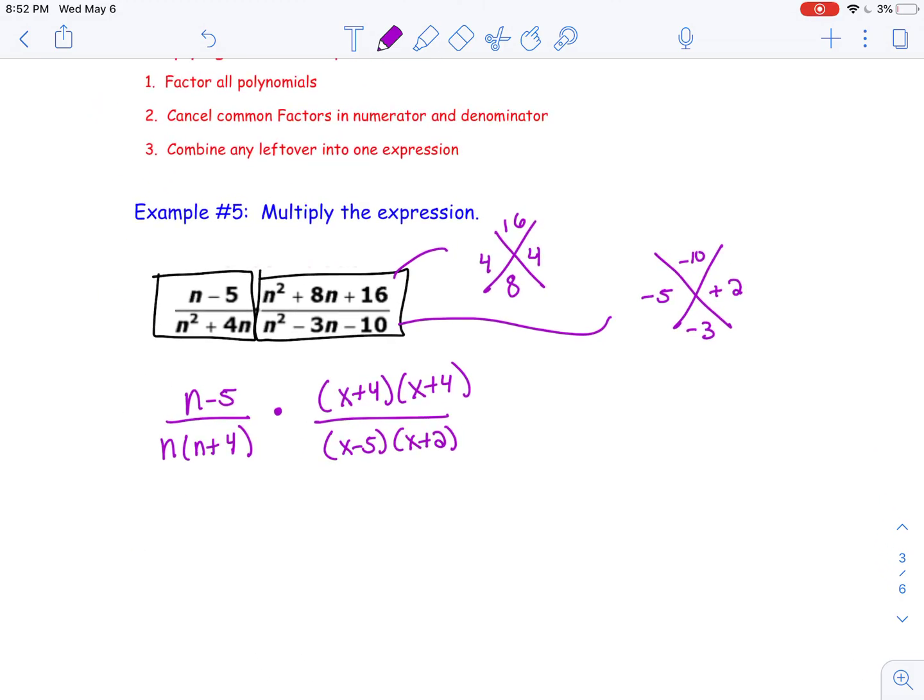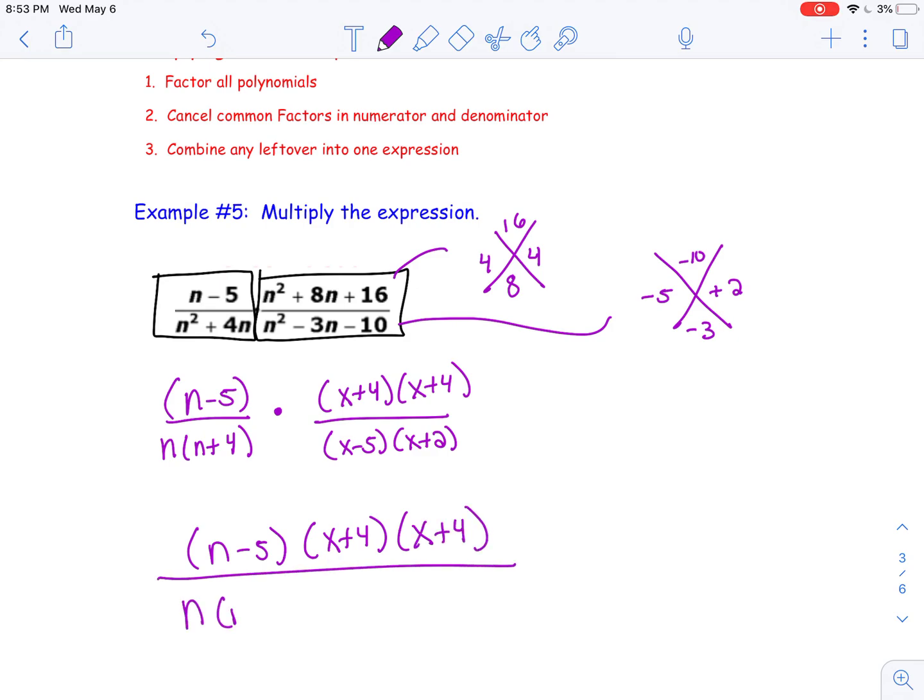So if we write these all together, because I'm going to multiply them, I like to put parentheses around things so I know that I'm multiplying things together. So (n minus 5)(x plus 4)(x plus 4), all over n(n plus 4). I switched to x's, didn't I?